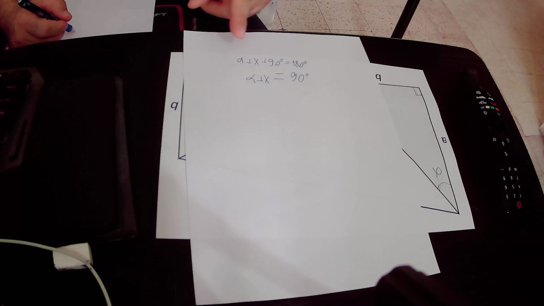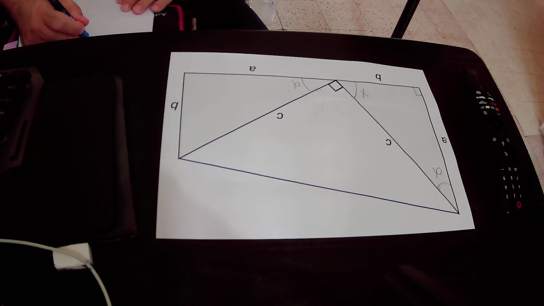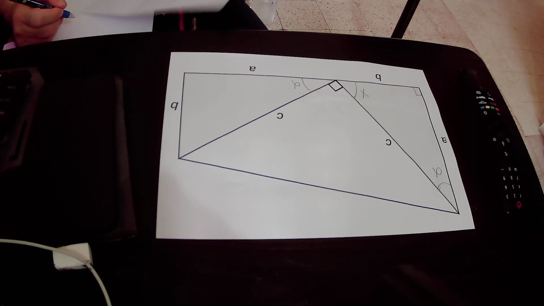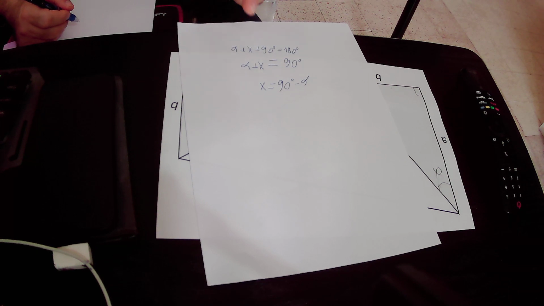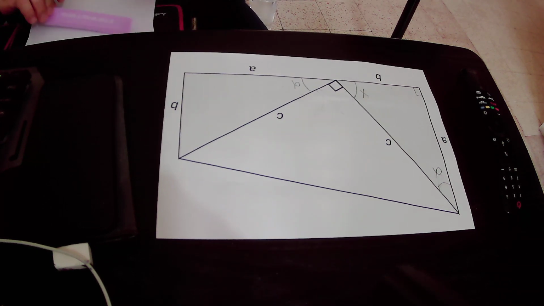Now we will subtract alpha from both sides of the equation, and we will get that x is equal to 90 degrees minus alpha. Okay, x is equal to 90 degrees minus alpha.